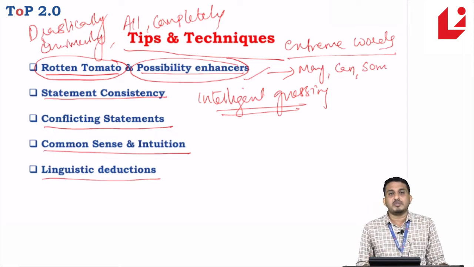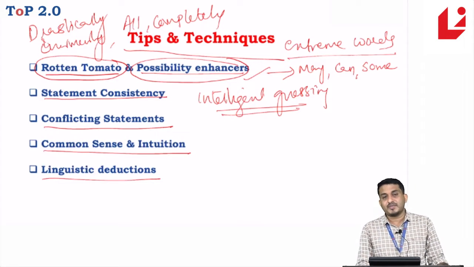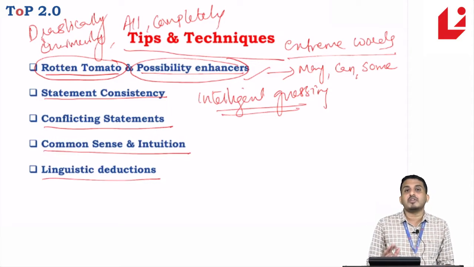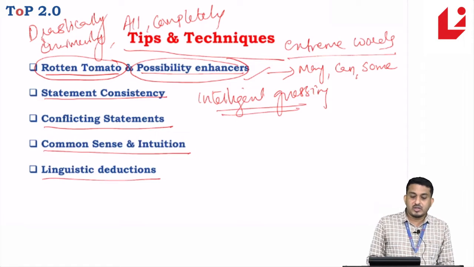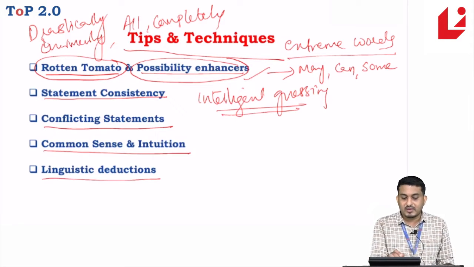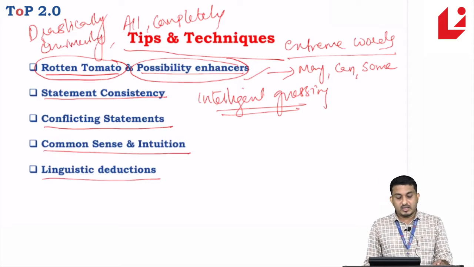All these are possibility enhancers. In order to avoid controversies, the examiner wants to make sure that the statement is completely correct in every possible way. Alright, so this is the first technique that we are discussing here, rotten tomato and possibility enhancer.